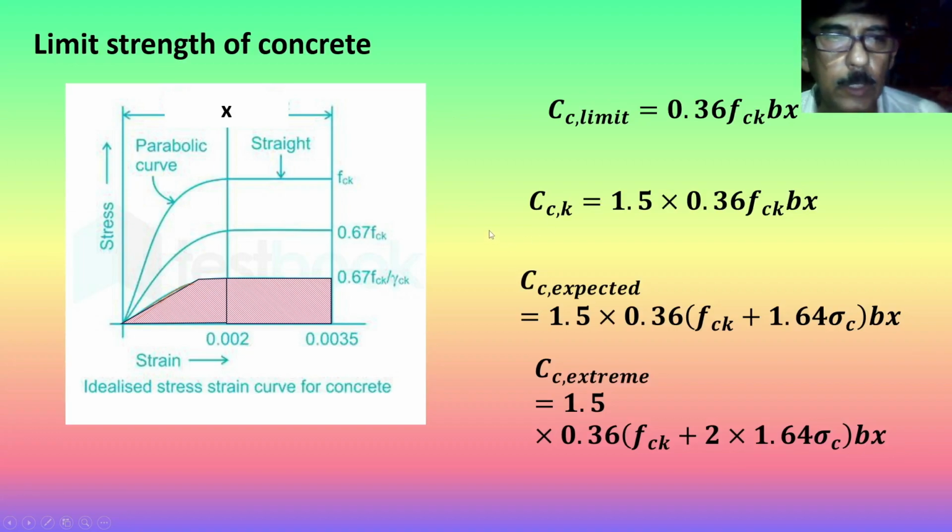So depending on the strength level you want, the moment of resistance of the section you want, whether limiting moment of resistance or characteristic moment of resistance or expected moment of resistance or extreme moment of resistance, you will be using this formula to get the compressive force in the compression stress block.